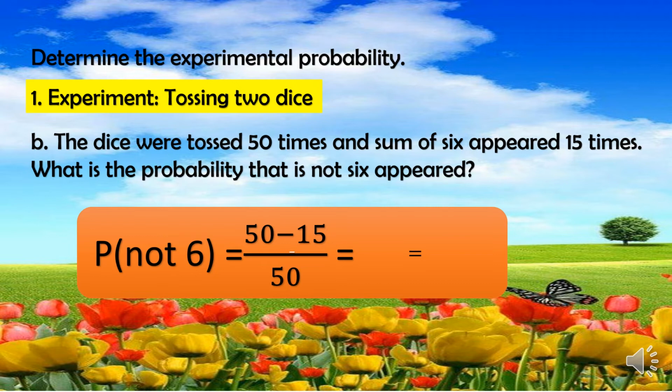So we subtract 50 minus 15, and you will get 35 over 50. This is the not 6. In lowest terms, 7 over 10. So the probability that not 6 appeared is 7 over 10.